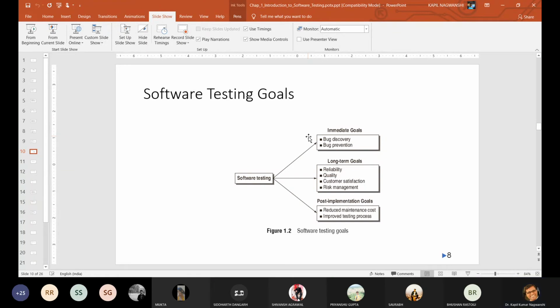Then come to the long-term goals of software testing. Reliability means the software must be very reliable, along with quality, customer satisfaction, and risk management. At this time there is one app, WhatsApp, and the quality of the software is very good, but the reliability is not very good. In risk management and other phases, they have not analyzed the risk. They underestimated the people.